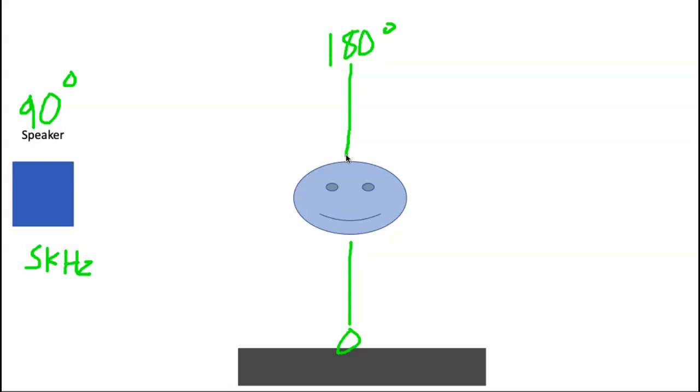So another important point is that these interaural cues that we talked about are greatest at 90 and 270, right?